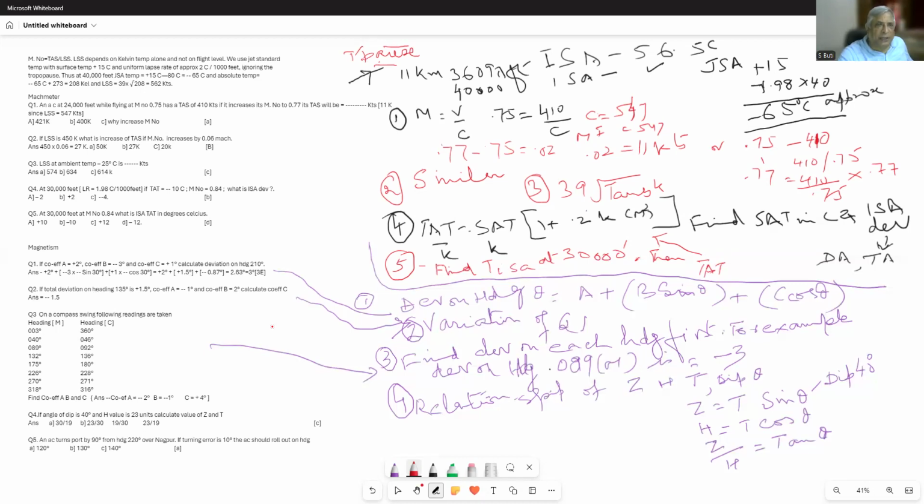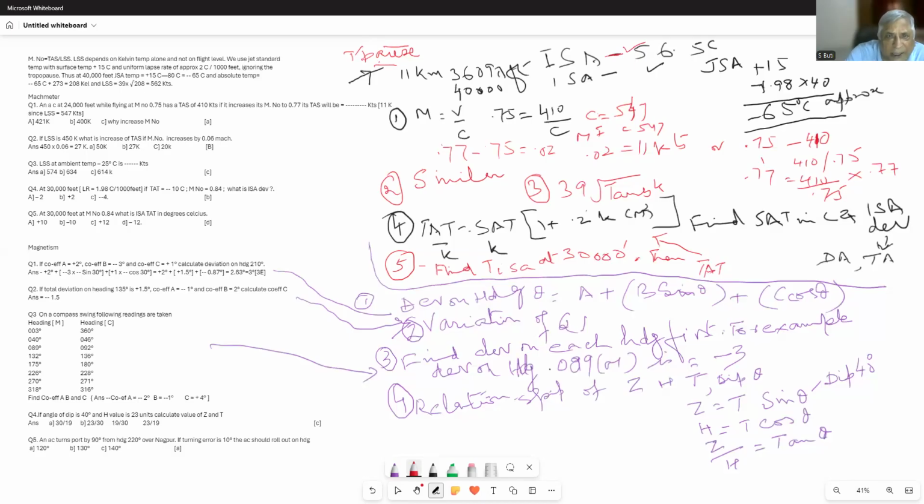As per ISA, above 11 kilometers, which is 36,090 feet, the aircraft enters the tropopause and temperature remains constant at minus 56.5, and so will your speed of sound. At 40,000 feet also, 42,000 feet also, under ISA, temperature will be minus 56.5 and speed of sound will be constant.